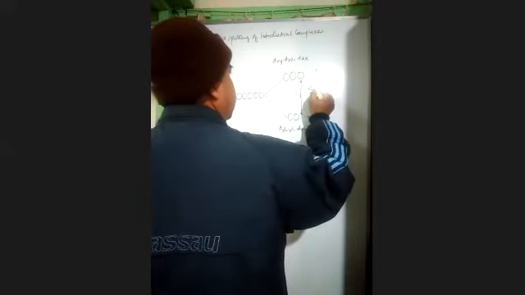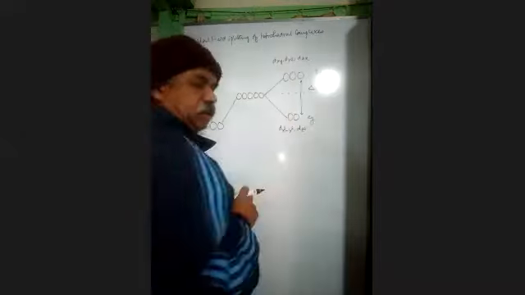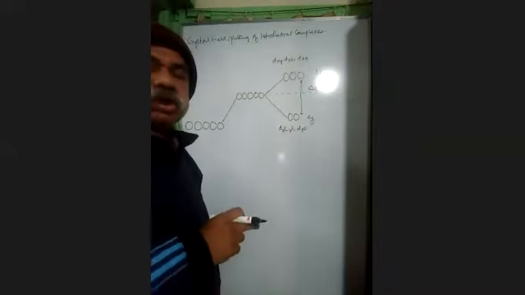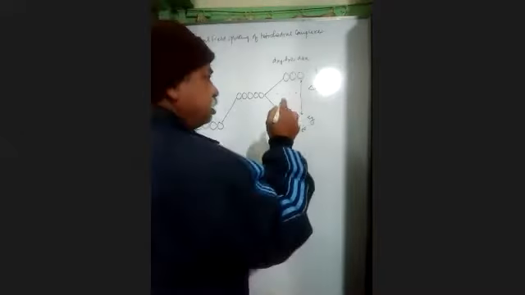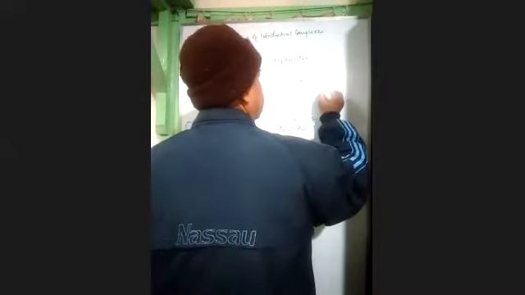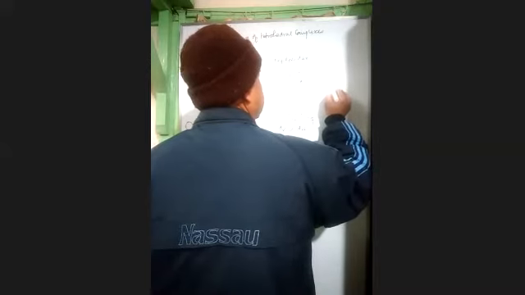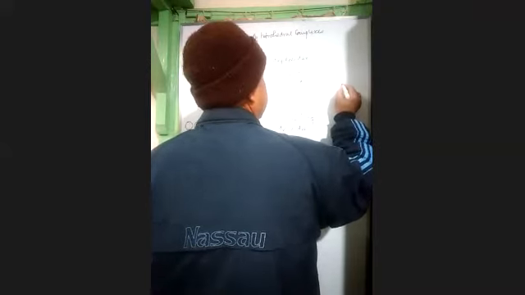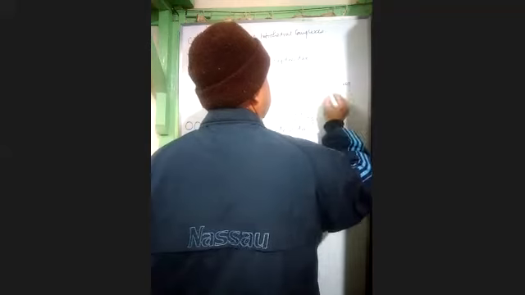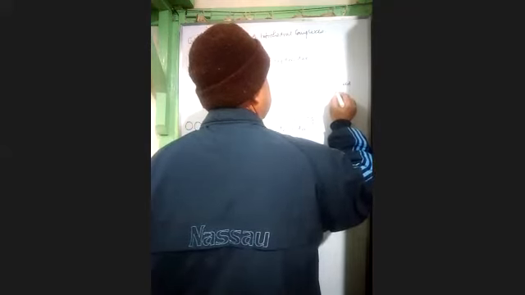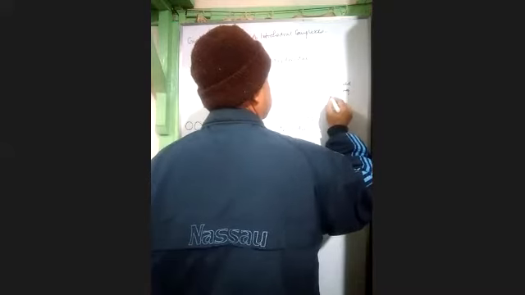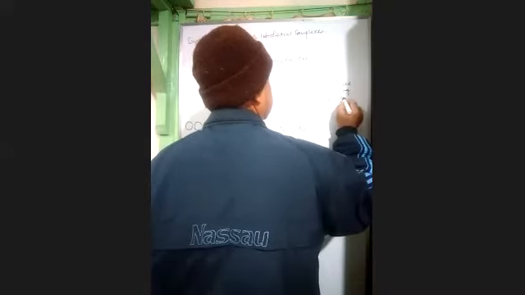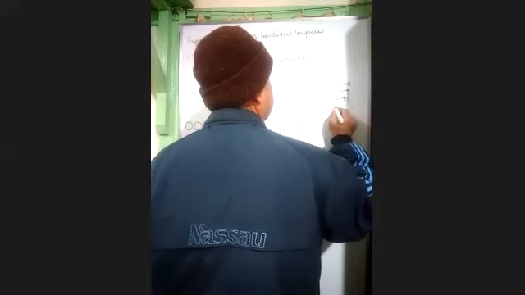This is delta T. In the octahedral complexes, we have written delta O, and here we will write delta T. What is this? This is crystal field splitting energy. In short, what do we write?